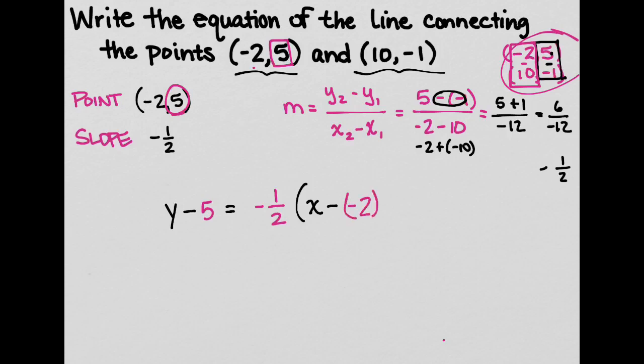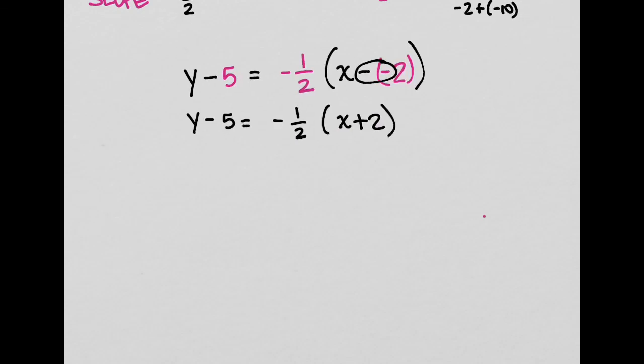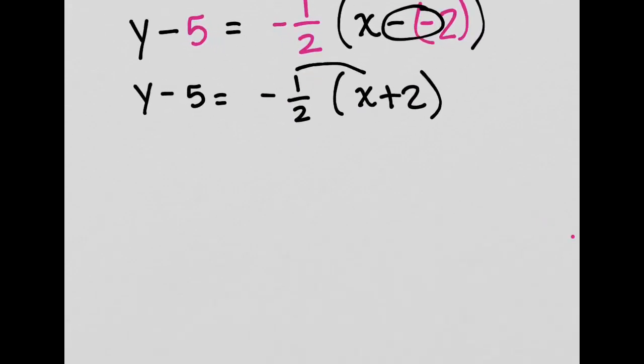Everything that I write in black is basically like an outline that'll always be there no matter what point and what slope you're using. Okay, so before I do any sort of distribution, I am going to take care of x minus negative 2, which is x plus 2, so that I make sure that I don't mess up my signs. And then I'm going to distribute. So negative 1/2 x, that's always going to be a very easy distribution because you're just multiplying it by x.